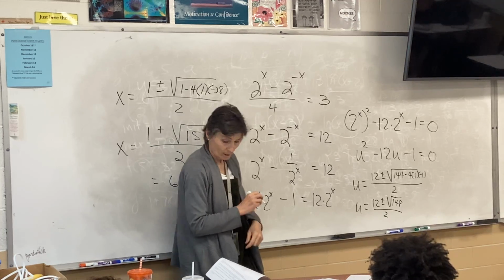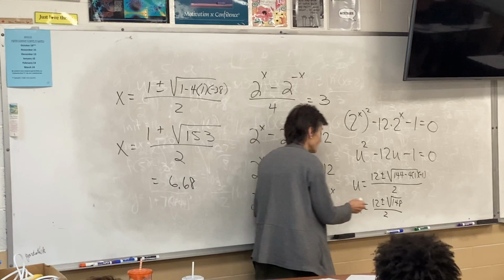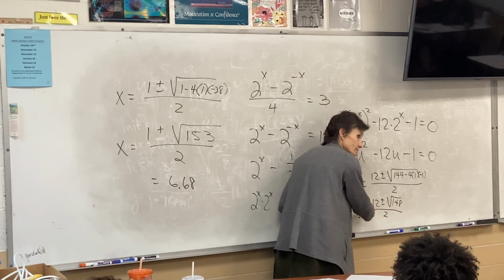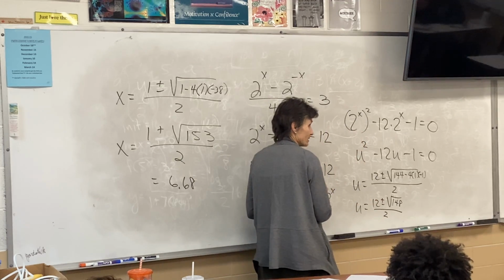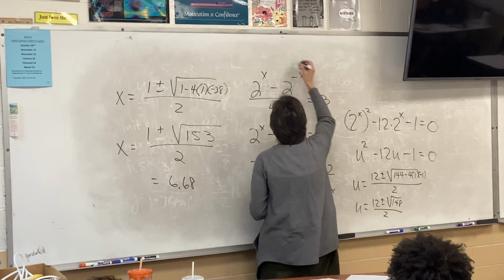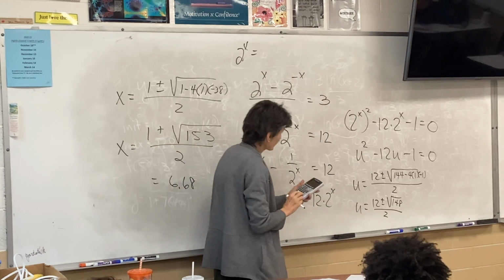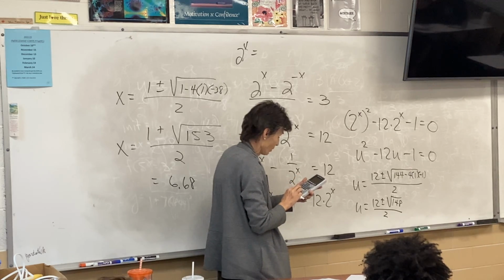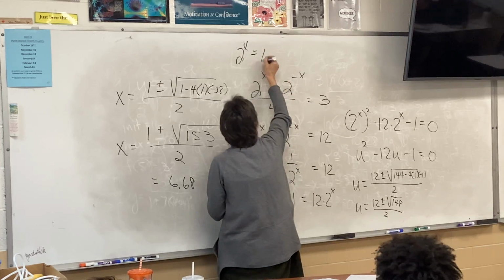Now, let's not waste time simplifying that. This isn't the answer. 2 to the x is that. So 2 to the x equals 12 plus the square root of 148 divided by 2, which is 12.08.